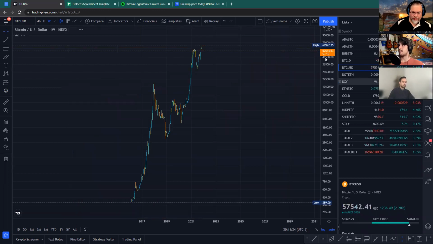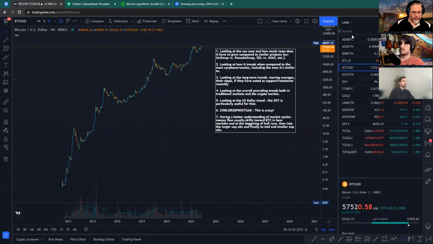Let's go back to the Bitcoin chart right here. What if it bleeds against Ethereum? Meaning, what if the altcoin you're thinking about investing in over the long term is just massively outperformed by Ethereum?